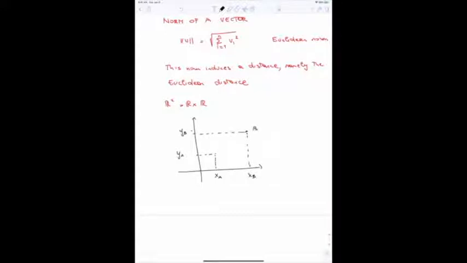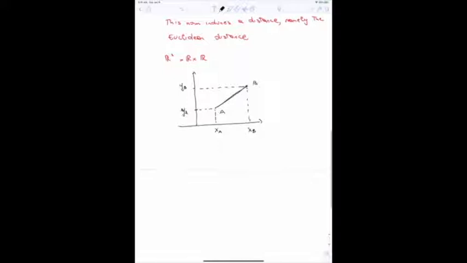This is the point B, this is the point A. So if we want to define the distance between A and B, we're going to use the usual Pythagoras theorem.